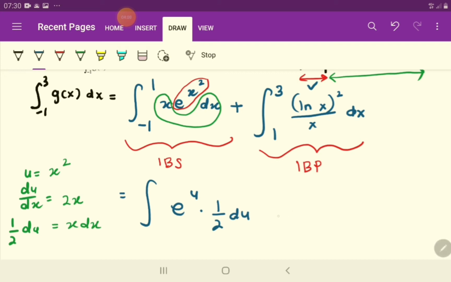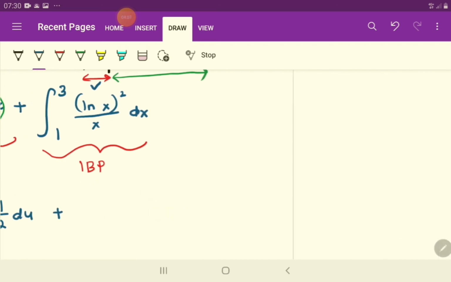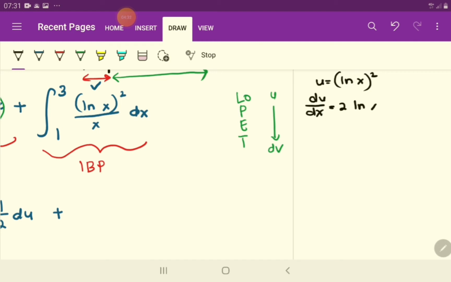Next is to use integration by parts. We need to refer to LIATE. Here is u dv. The u in this case will be ln x squared. du/dx is 2 ln x multiplied by 1 over x, because we differentiate this, so we have 2 ln x over x.